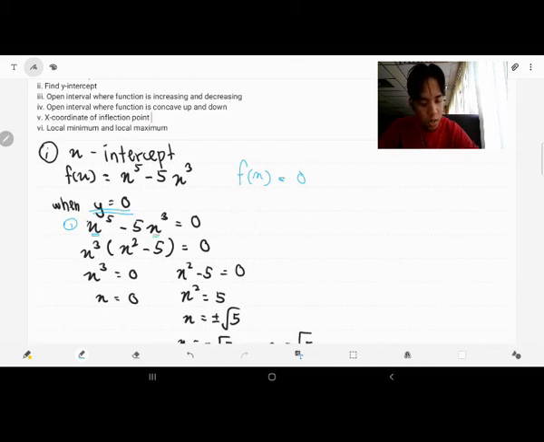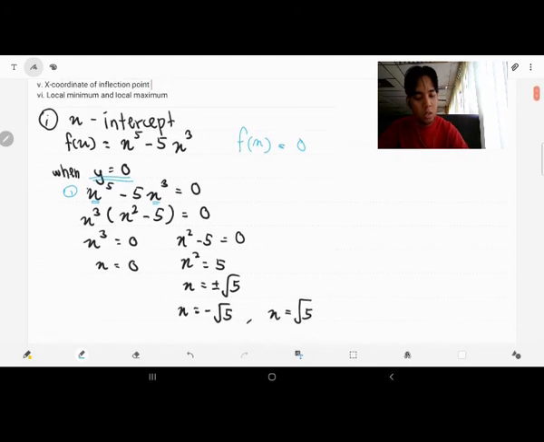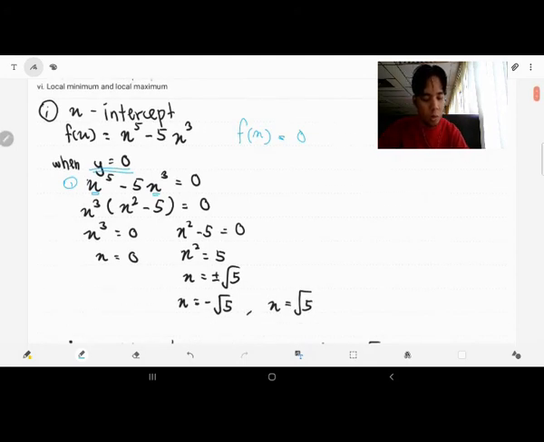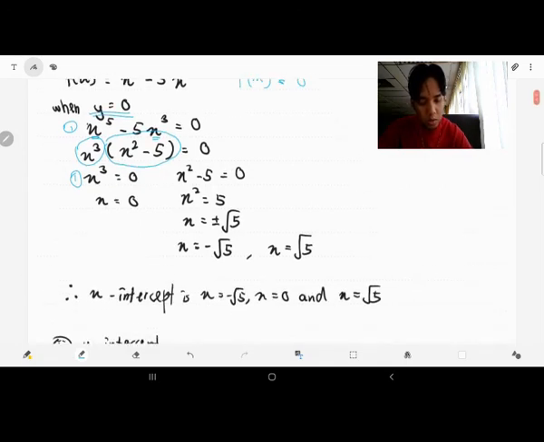And then we can simplify the equation by taking out the smallest power. For this equation, we take out x^3, and then we put a bracket, x^2 minus 5, equal to 0. Then we can split it into 2 parts. The first part is x^3 equal to 0, and the second part is x^2 minus 5 equal to 0.